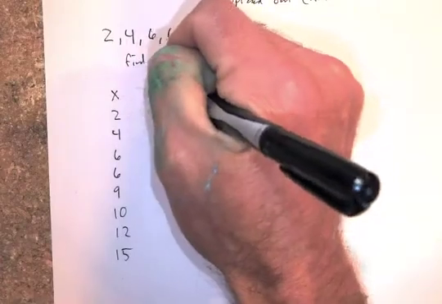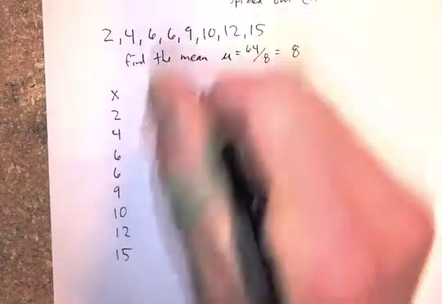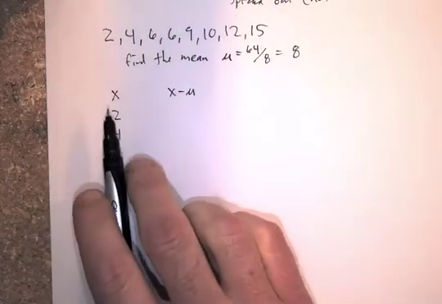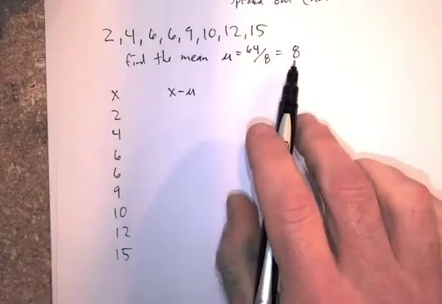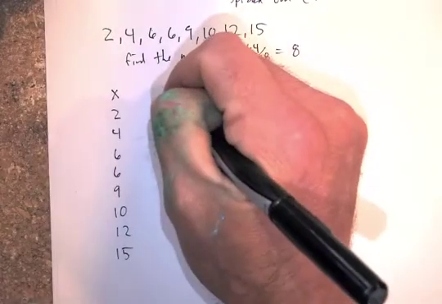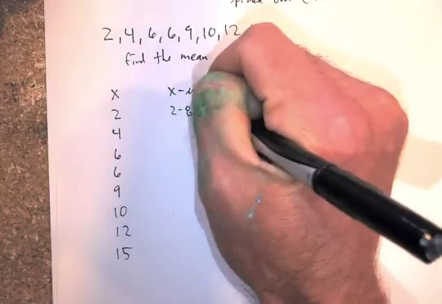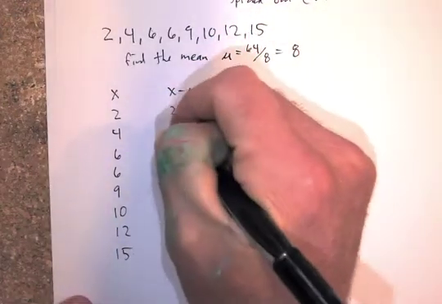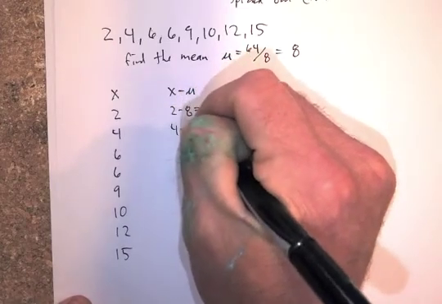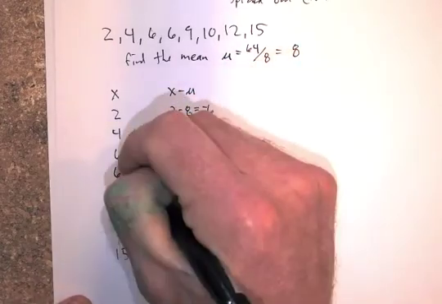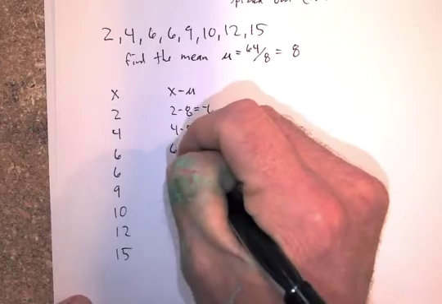Next thing we're going to do is X minus mu. So I'm going to take this number, X, and I'm going to minus mu, which is 8. So I'm going to do 2 minus 8. Okay, negative 6. I'm going to do 4 minus 8. Negative 4. I'm going to do 6, this data point, minus 8.